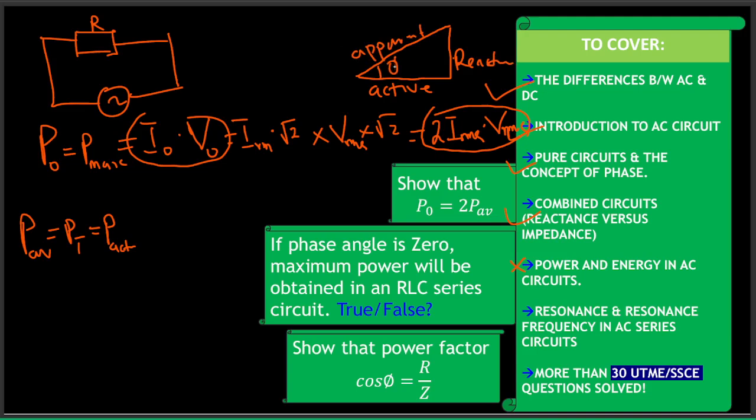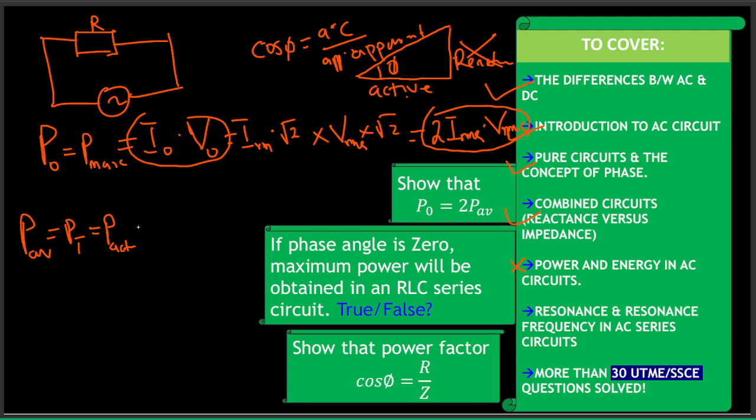And here you have your phi, the phase angle. Even though I've not talked about power factor, from this triangle, power factor will give you active power over apparent power. Can you see that? Adjacent over hypotenuse. But I think it's above your scope, all right? So let's just focus on these two, maximum power and average power.